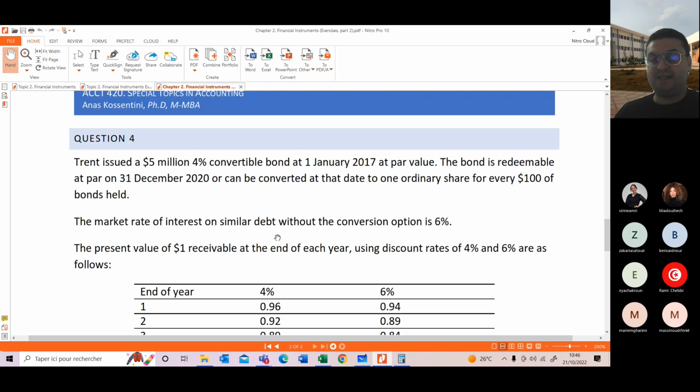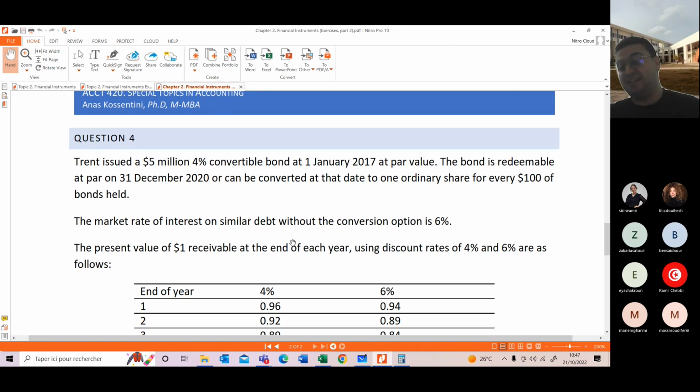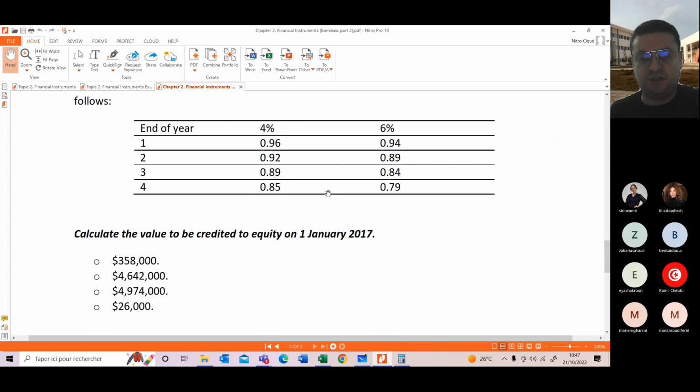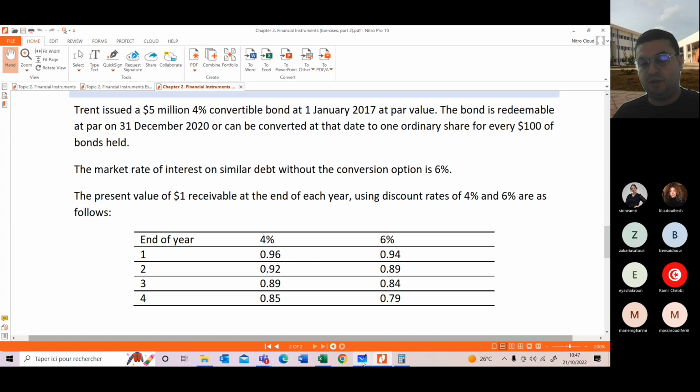So again, it's a compound instrument, where we talk about convertible bonds. At initial recognition, it's similar to the question that we saw in part 1. You have to divide this into an equity part and a liability part. The question is to calculate the value to be credited to equity on the 1st of January 2017.